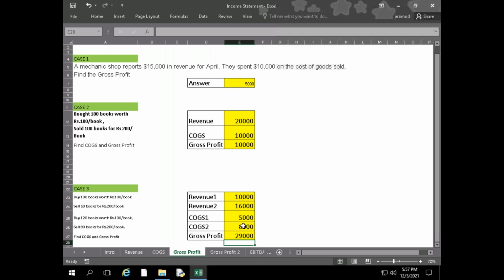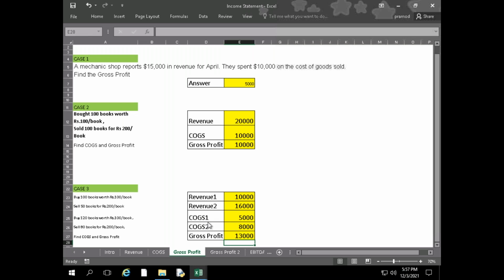So how is COGS as 5,000 and 8,000, sir? COGS also you should minus, in every revenue you don't have. So it should be minus. What is COGS?